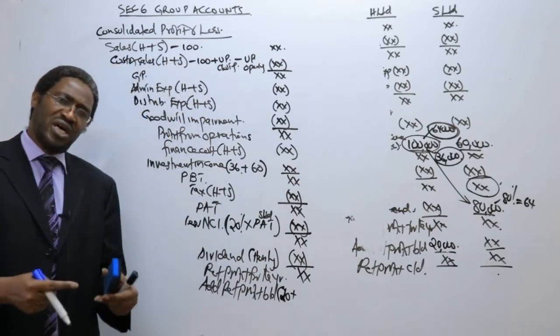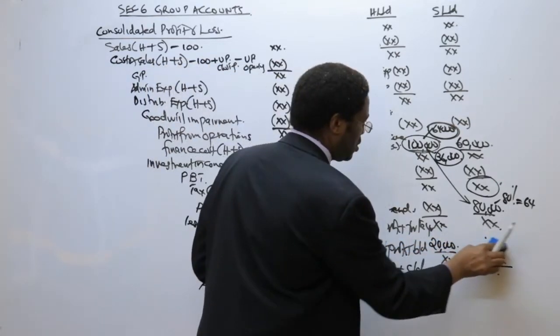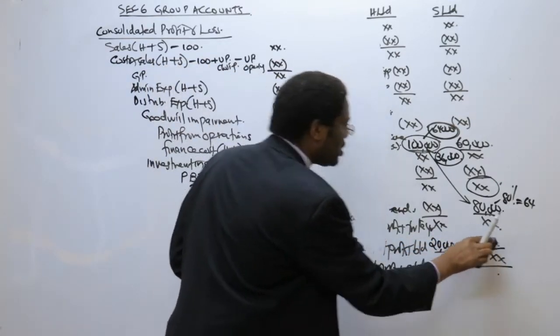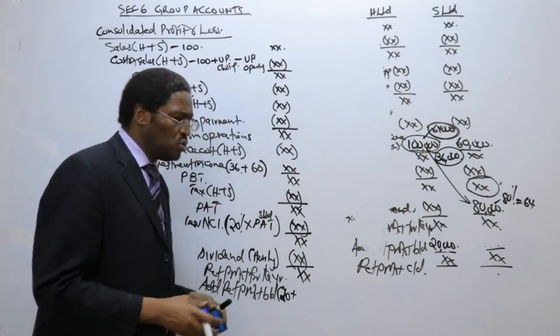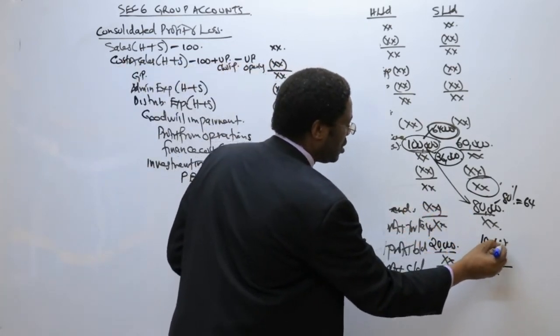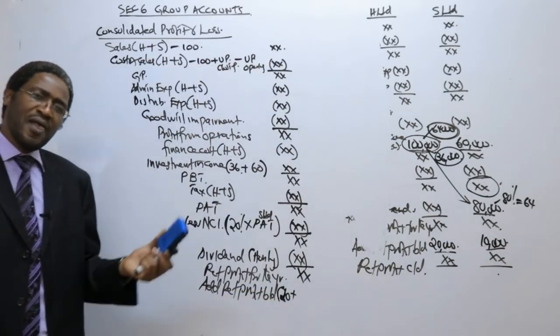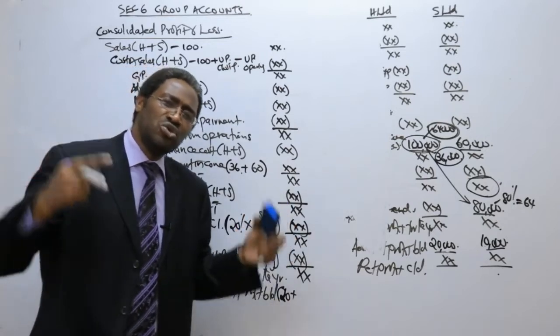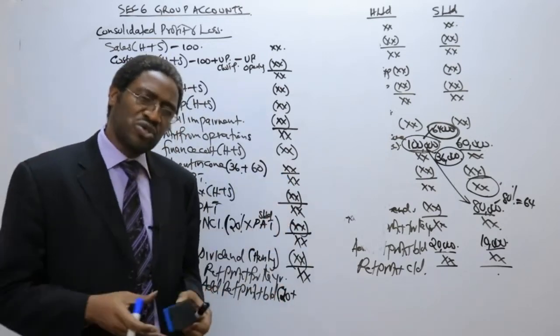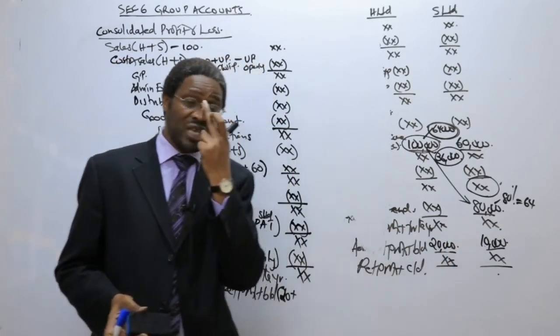Then from there, what about the one the subsidiary company is reporting? Assuming the question told you the retained profit brought down of the subsidiary company is 10 million. I'm putting the figures in thousands, so I'm assuming you are given 10,000. How then do you know whether you are entitled to something out of the brought down of that subsidiary company or you are not entitled?